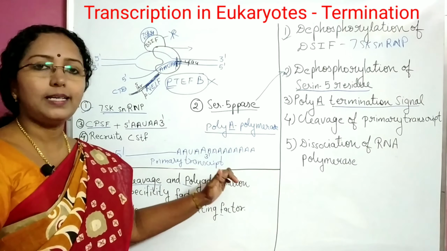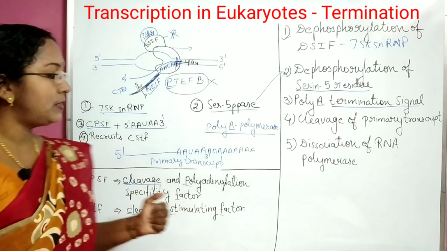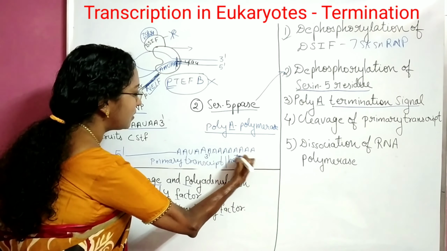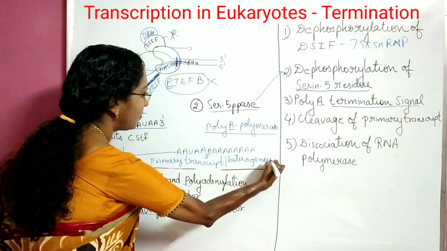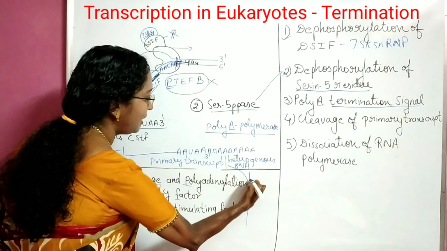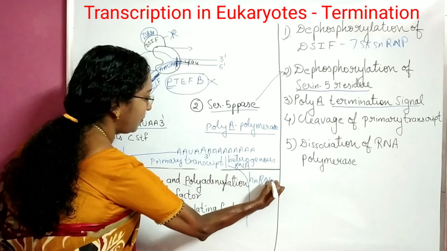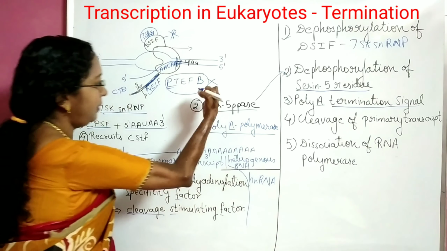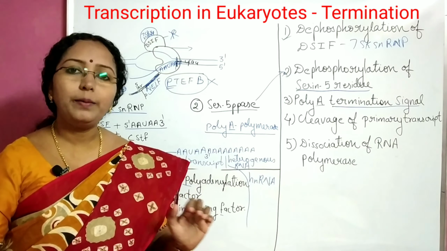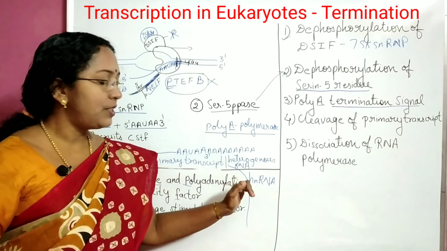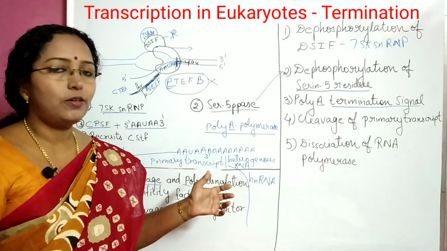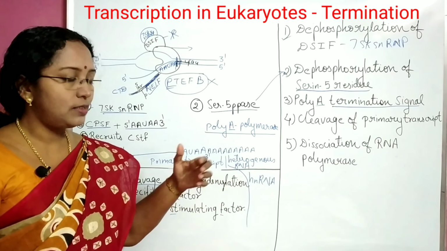You can call it a primary transcript, or it is also called heterogeneous RNA, or in short hnRNA. So what we got immediately after transcription is not the mRNA, but the primary transcript or hnRNA. Why is it called the primary transcript? Because it is not functional yet. It didn't start functioning.